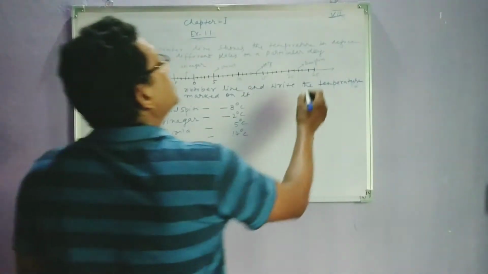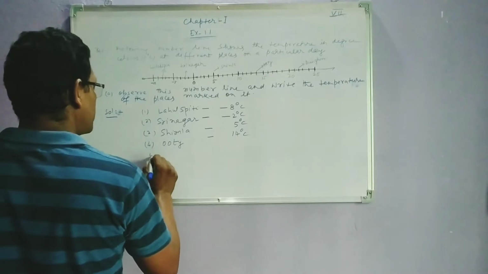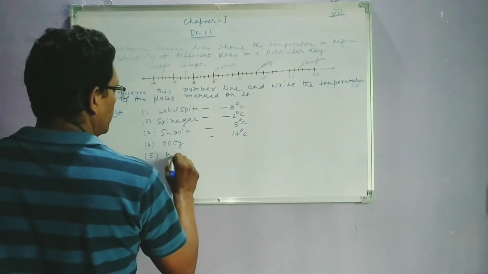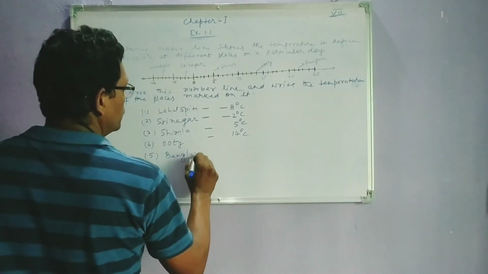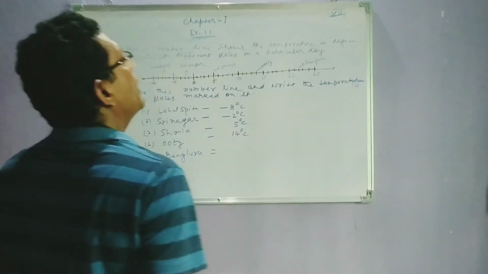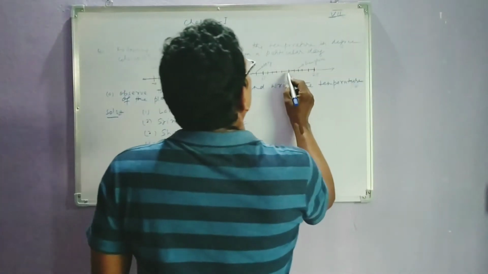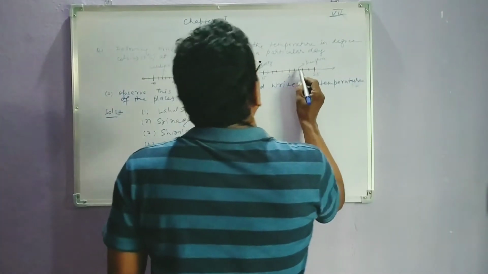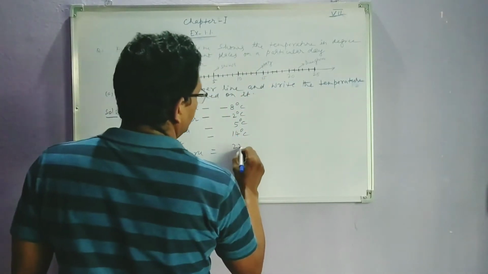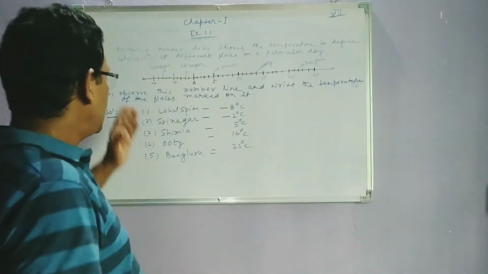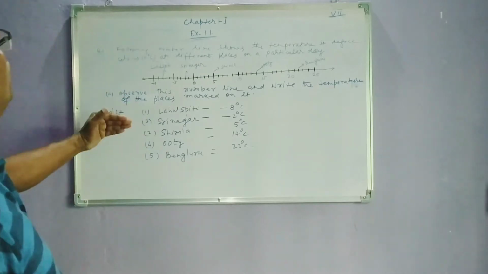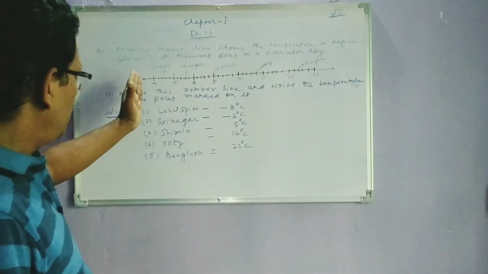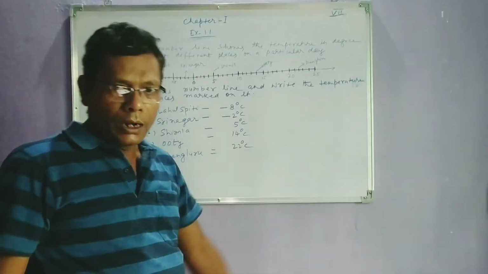The next one is Bangalore. Bangalore is at 20, 21, 22. 22 degrees Celsius. So in this way we can read the temperature of different places written on the number line.